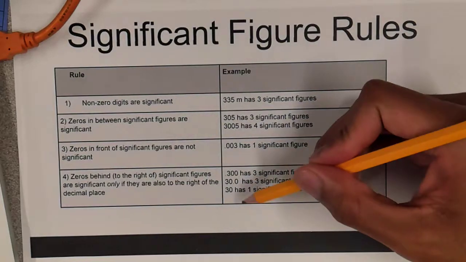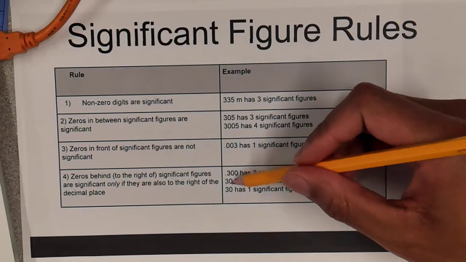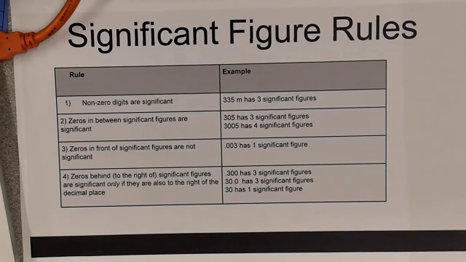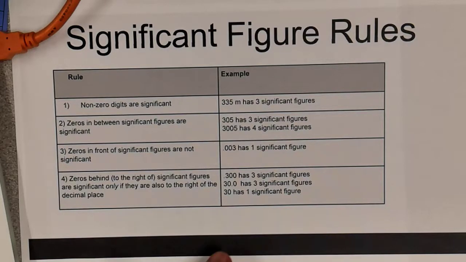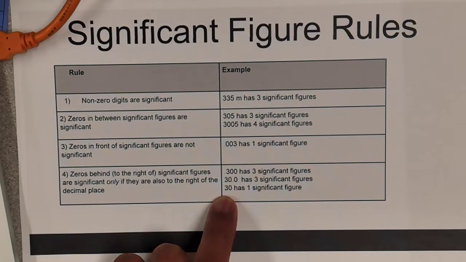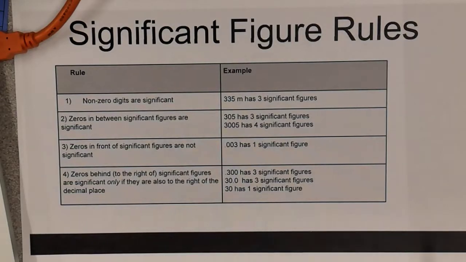So basically anytime you have a number like this, 0 to the right of the decimal and to the right of a significant figure, it'll be significant. And in 30, that is to the right, or behind, the significant figure 3. But it's not to the right of a decimal, so the 0 is not a significant figure, and the 3 is the only significant figure in this one.